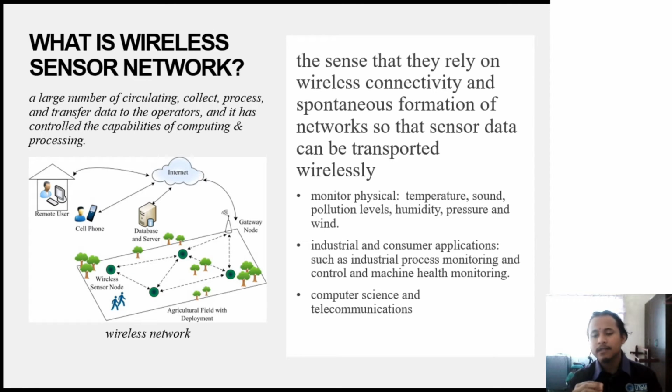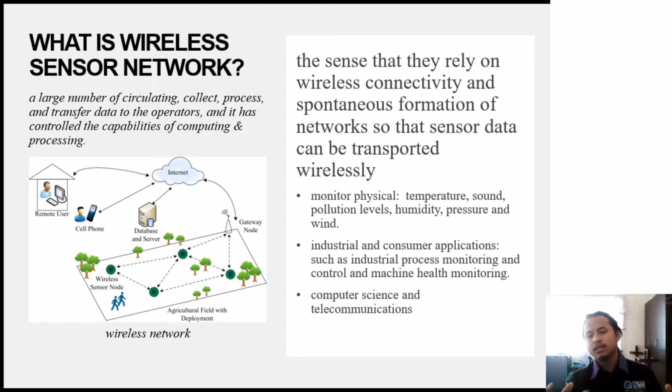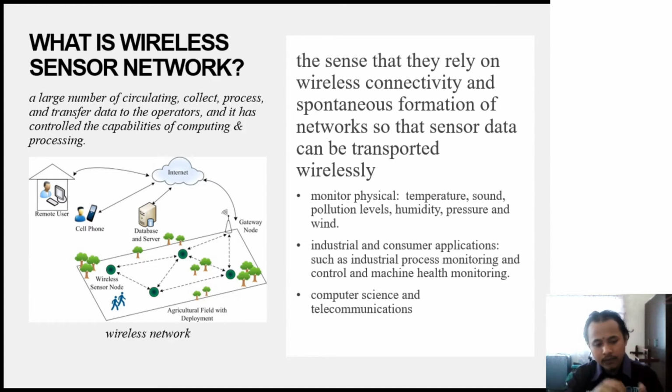They monitor physical conditions, to measure temperature, sound, pollution level, humidity, pressure, and wind. So it is a wireless sensor that does not have a cable or medium to give data or respond to what it measures in the surroundings.